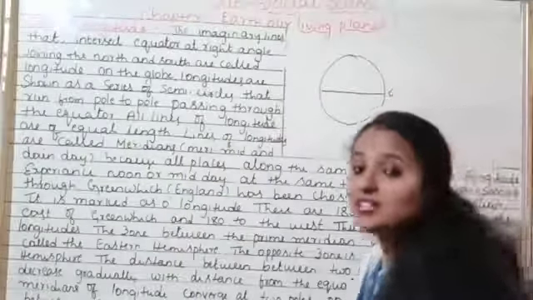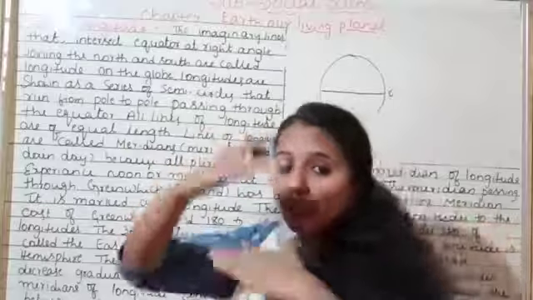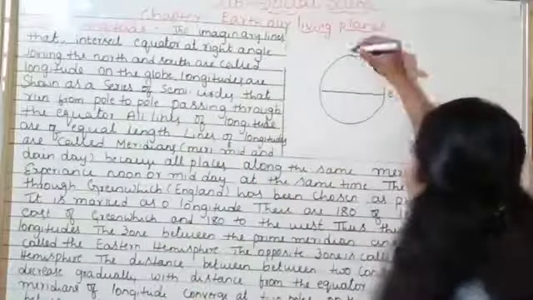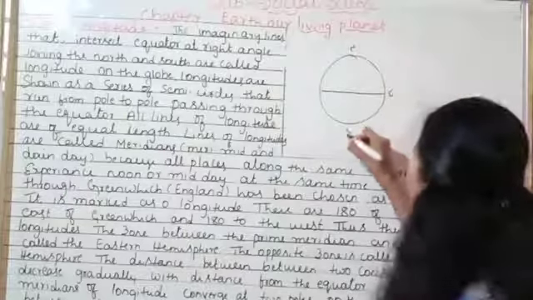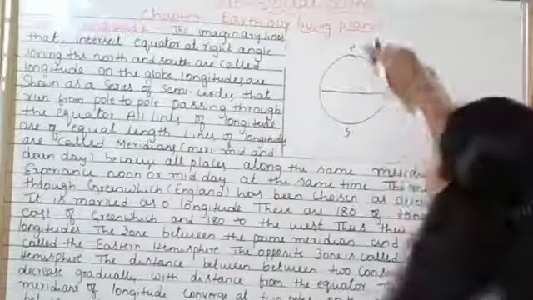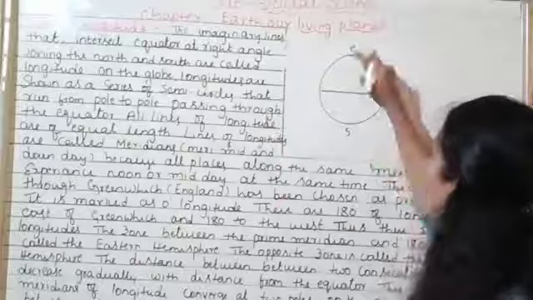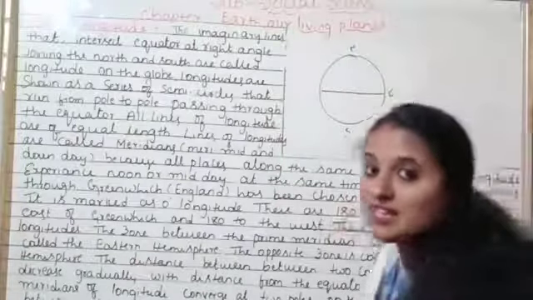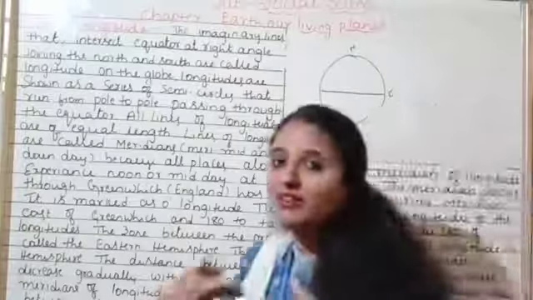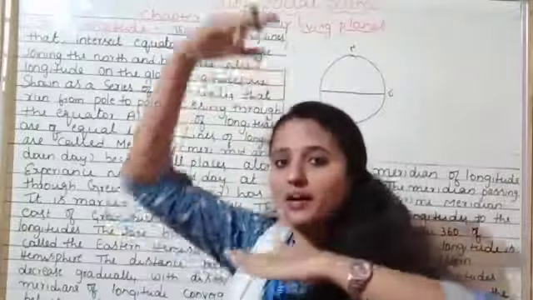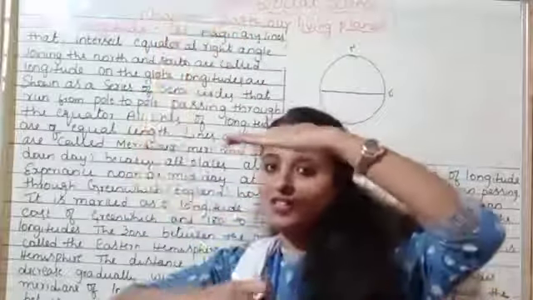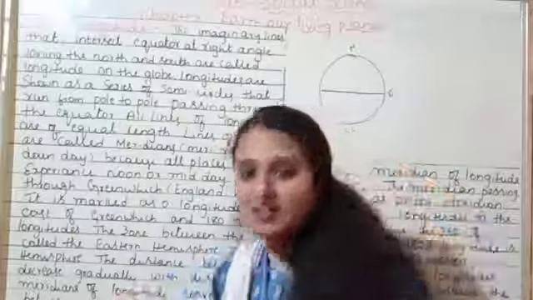The equator divides the earth into two halves. One is the northern hemisphere, the second one is the southern hemisphere. The upper side is considered the northern hemisphere, or the north, and down is considered the southern hemisphere, or the south.